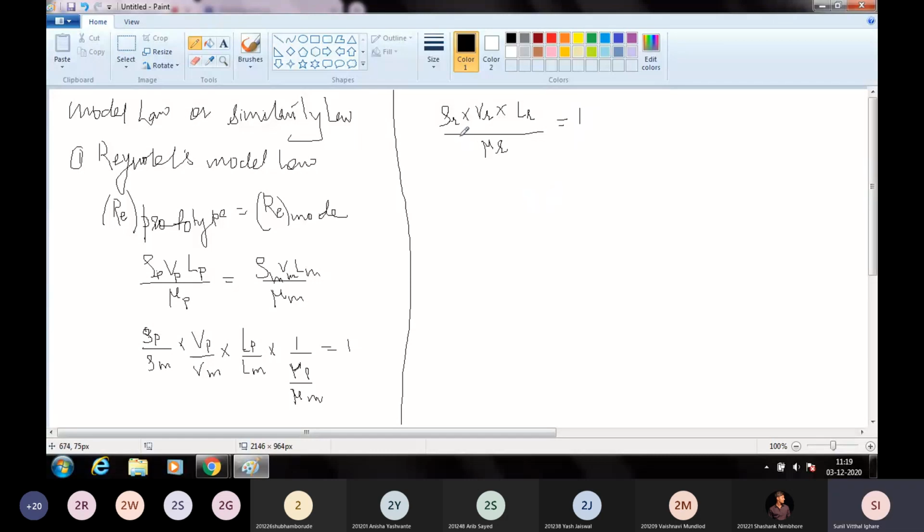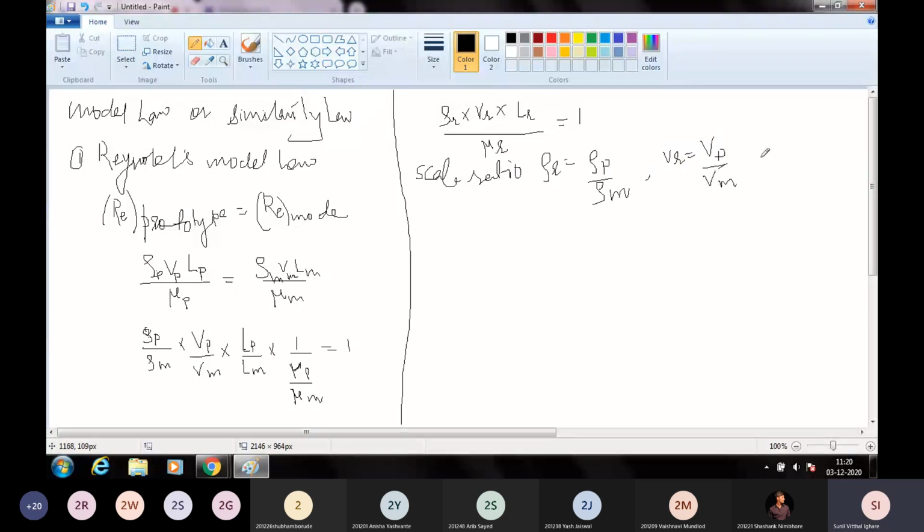Now you see these are nothing but the scale ratios. What are the scale ratios? I write it here. Rho R is rho P divided by rho M, as in the previous term. Then the velocity ratio we have taken as Vp divided by Vm.